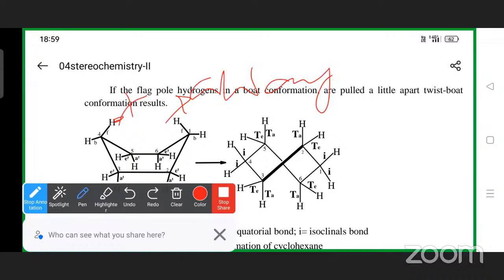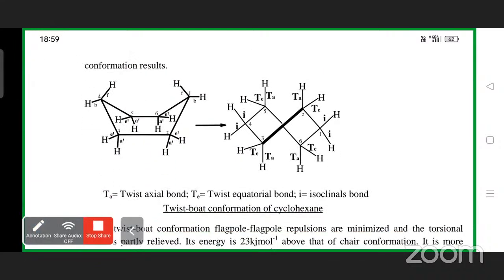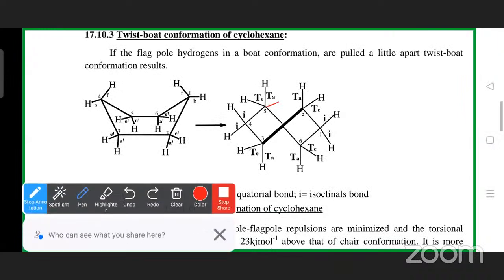Here there are axial and equatorial bonds, and there is an isoclinal bond. Isoclinal means on the plane, and axial and equatorial are above and below the plane.